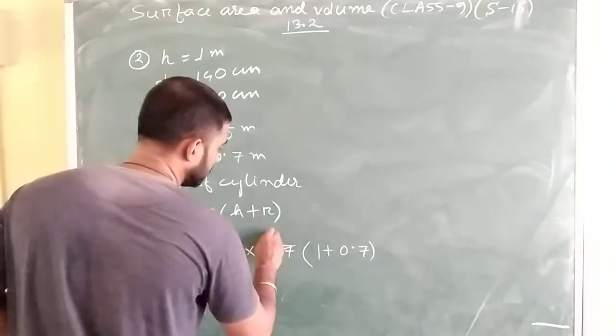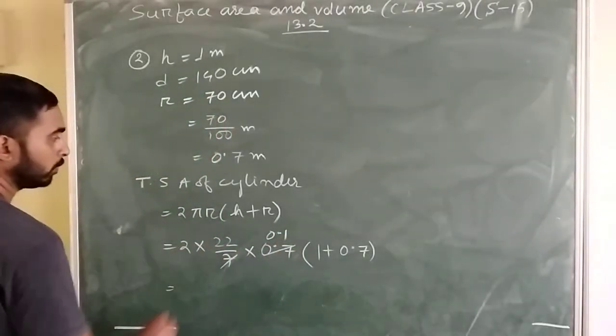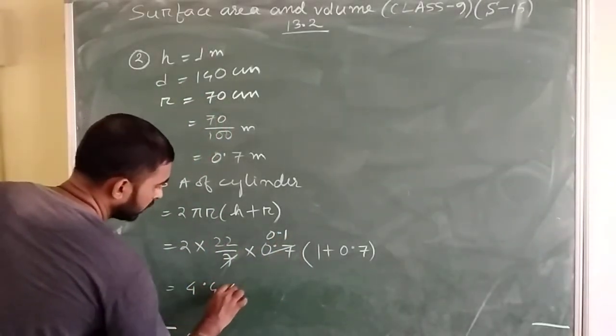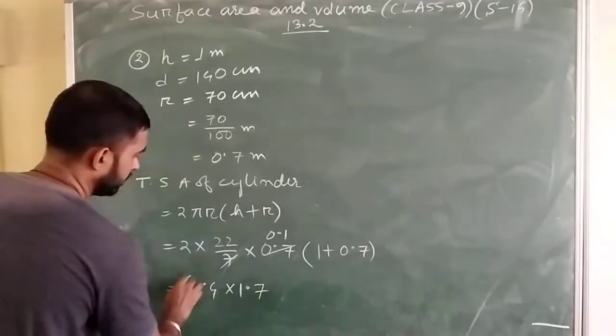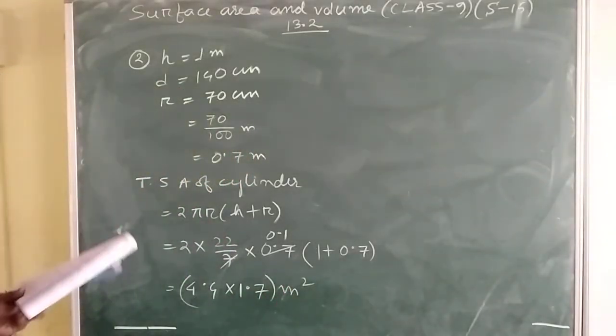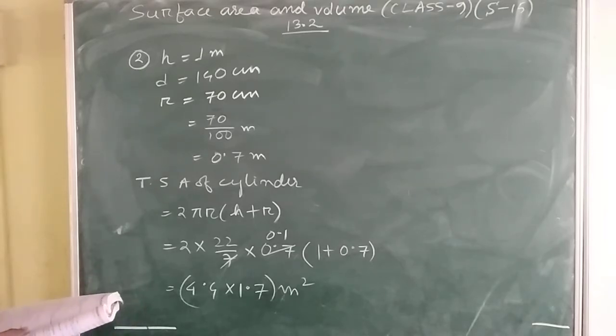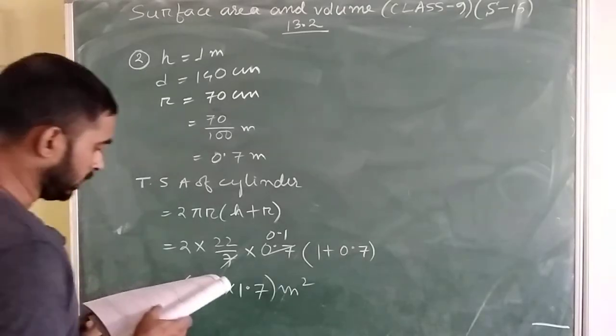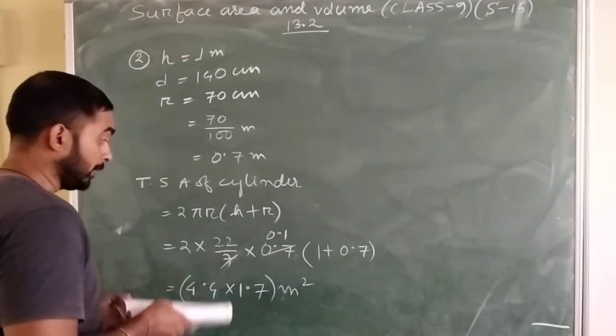Cancel 0.1, 44 into 0.1, 4.4 into 1.7 square meter. So what is the answer? I did the calculation at home. Here I got the answer 7.48.